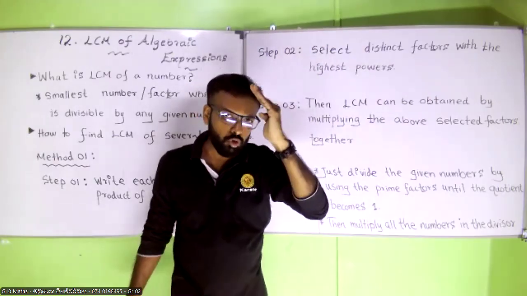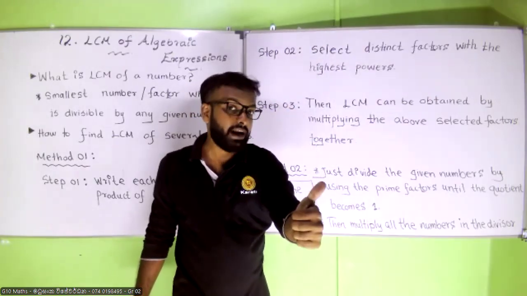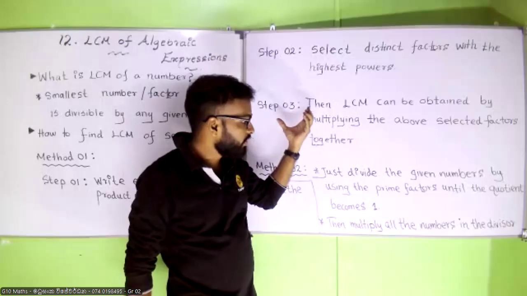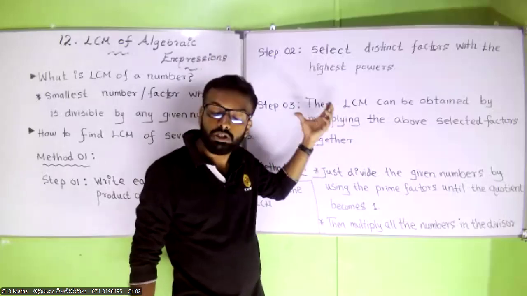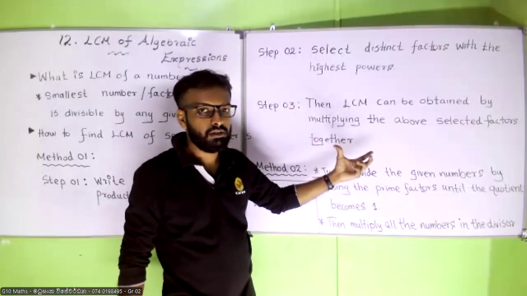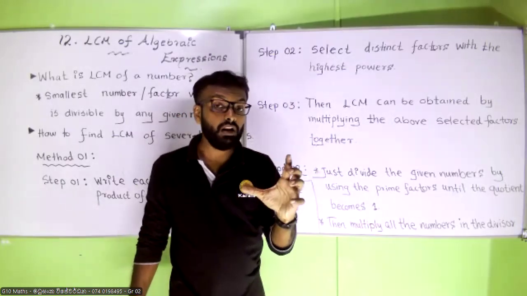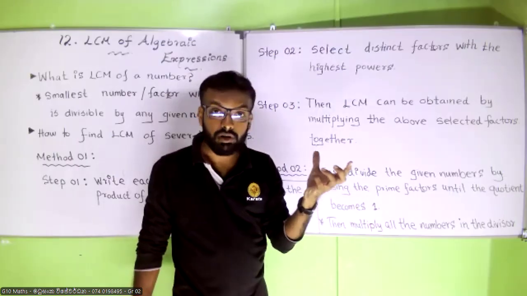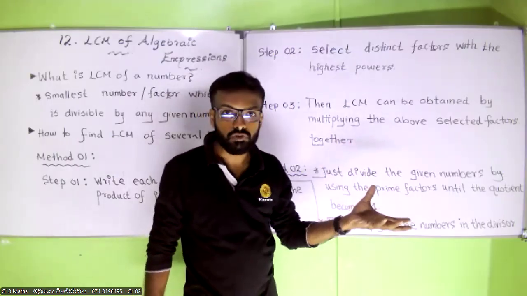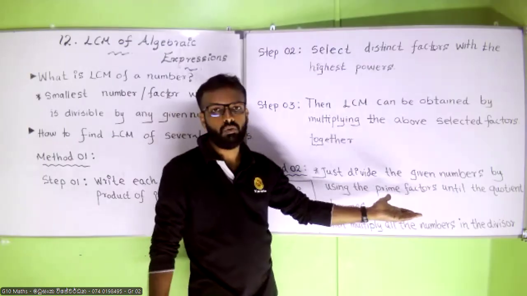If you know how to do that, and if you know how to factorize the given fraction, number or algebraic expression, this lesson is nothing. If you know very well how to factorize quadratic expressions and the difference of two squares, this lesson is over by now.